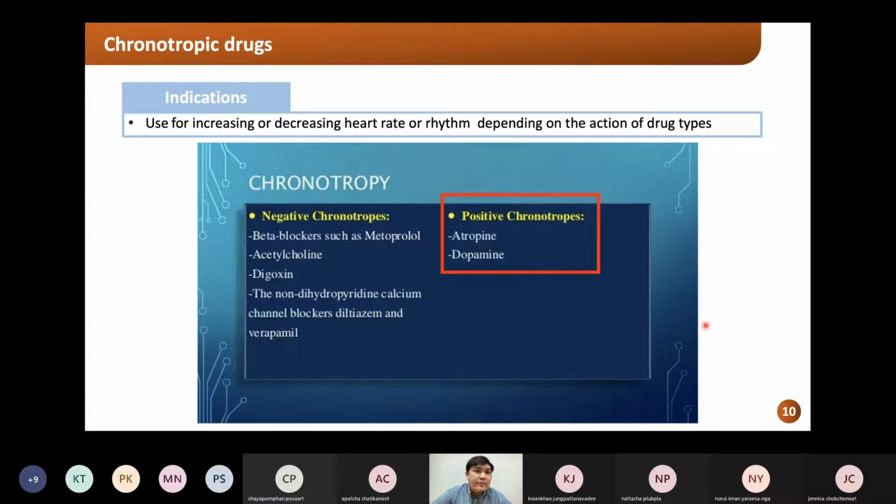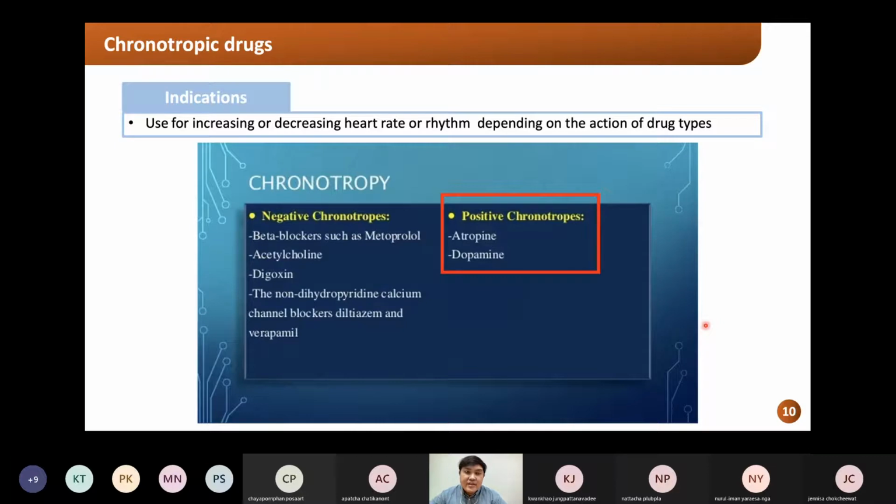depending on the action of the drug types. In case the chronotropic drugs decrease the heart rate or heart rhythm, we call them negative chronotropes. But in case the chronotropic drugs increase or enhance the heart rate or heart rhythm, we call those kinds of drugs positive chronotropes.